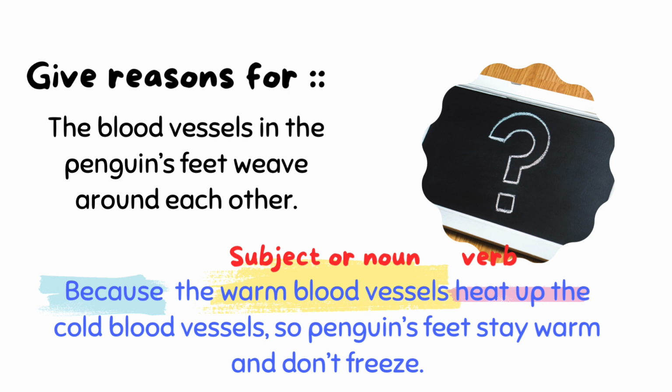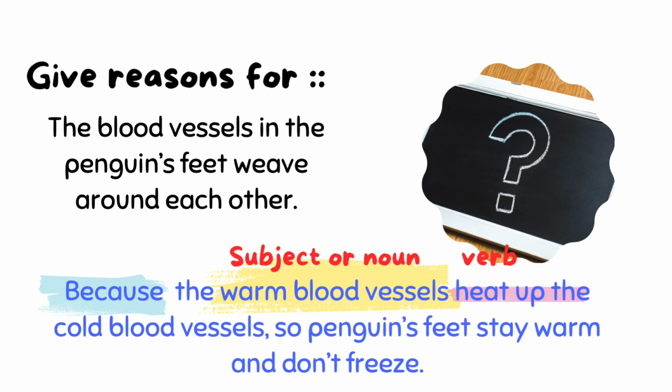Now we want to say a reason why blood vessels in the penguin's feet weave around each other. We understood that this happens to keep the penguin's feet warm, and how the warm blood vessels heat up the cold blood ones.